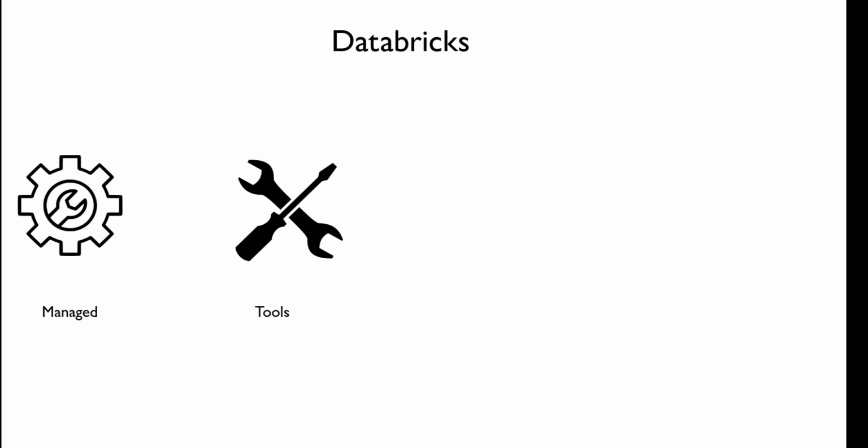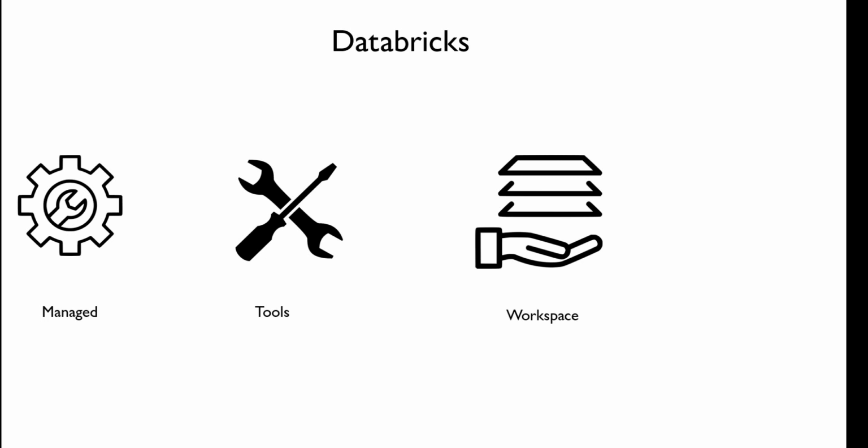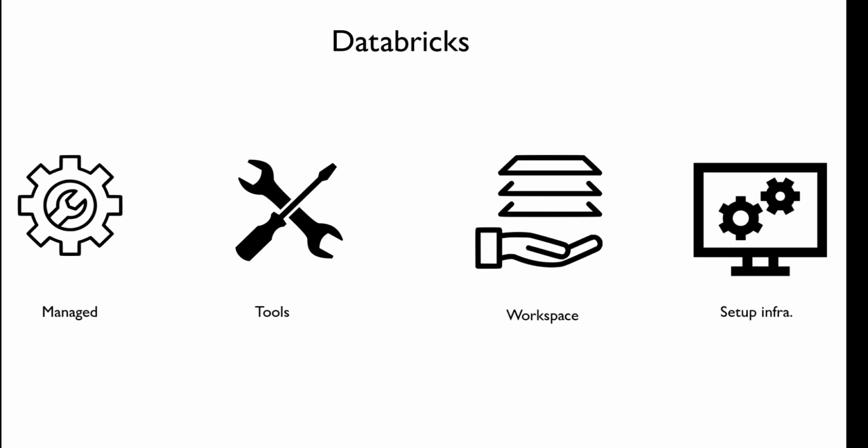So if you want to start coding on Databricks, just go to the website and start working, and you have a result from the first seconds. It also provides an integrated workspace to write code and do real-time collaboration. And it creates your infrastructure, your machines, your clusters, and manages your package dependencies.